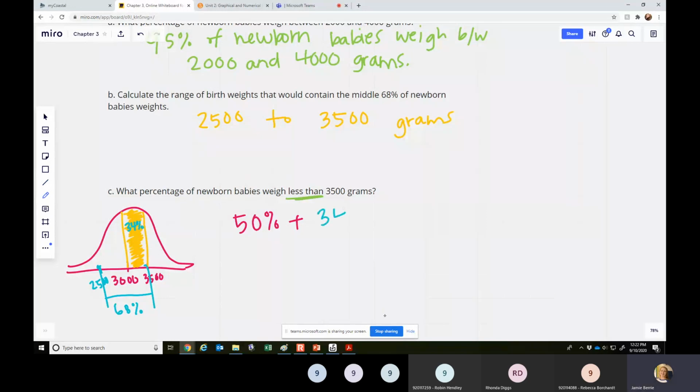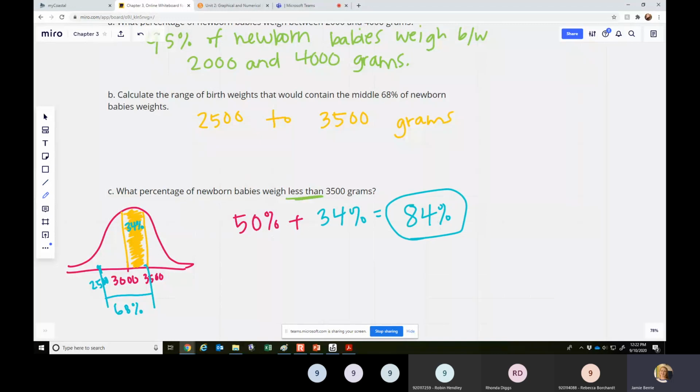So 50% plus 34% would be 84%. So that's one way that you could figure out what percentage of babies weigh less than 3,500 grams using the empirical rule.